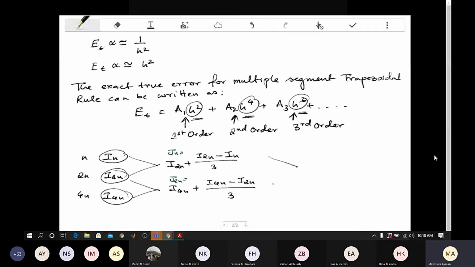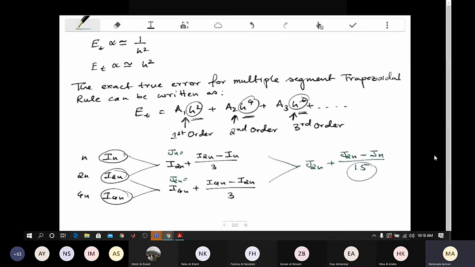So here, let's say this is equal to Jn, and let's say this is equal to J2n. And now if we use Romberg to approximate the value of the next extrapolation, we'll get J2n plus J2n minus Jn divided by 15. So why did we get 15 here? Or how did we get 15 here? We'll discuss it in some time.